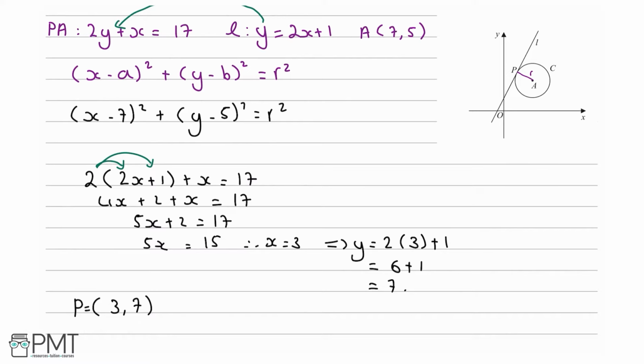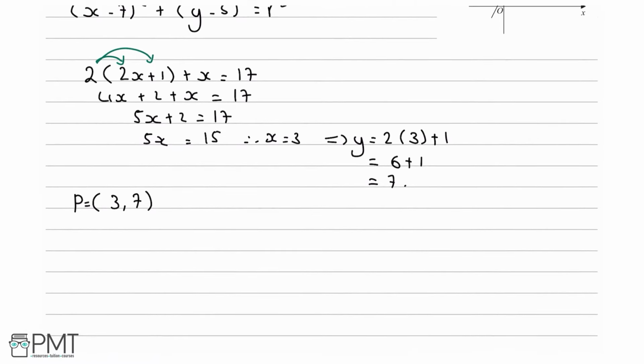So the way you would go about finding the distance between 2 points is you would say the distance PA, so this line denotes the modulus, which means distance, equals the square root of (px minus ax) squared plus (py minus ay) squared.